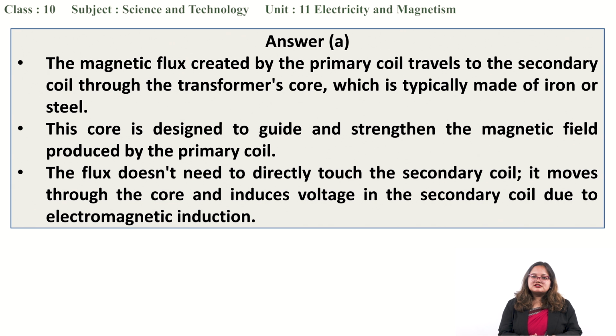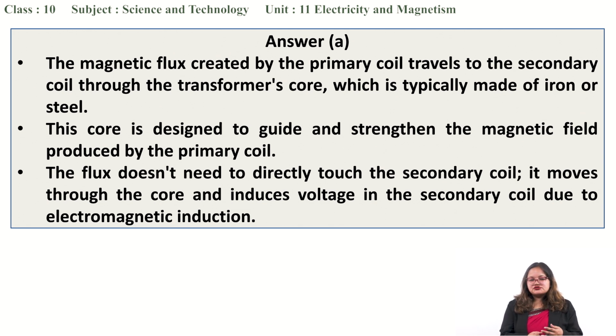The magnetic flux is created by the primary coil, which travels to the secondary coil through the transformer's core. Because we said earlier that this core is a pathway for this magnetic flux. It enhances the path of the magnetic flux. It is designed in such a way to guide and strengthen the magnetic field produced by the primary coil.